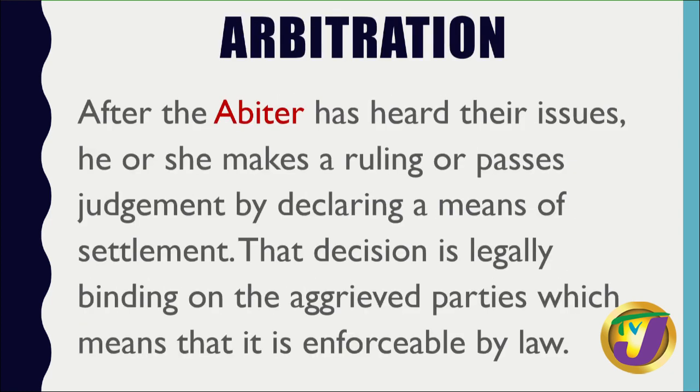So let's look further at the arbitration process. After the arbiter has heard their issues, he or she makes a ruling or passes some judgment by declaring a means of settlement. That decision is legally binding on the aggrieved parties, which means that it is enforceable by law.